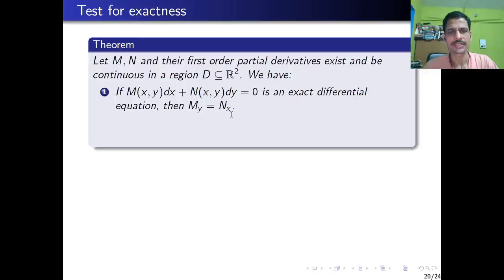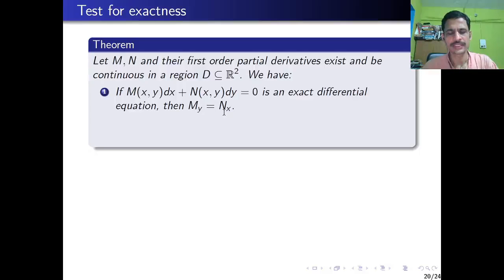The theorem states that if the given differential equation is exact, then M_y, that is the partial derivative of M with respect to y, is always equal to the partial derivative of N with respect to x.